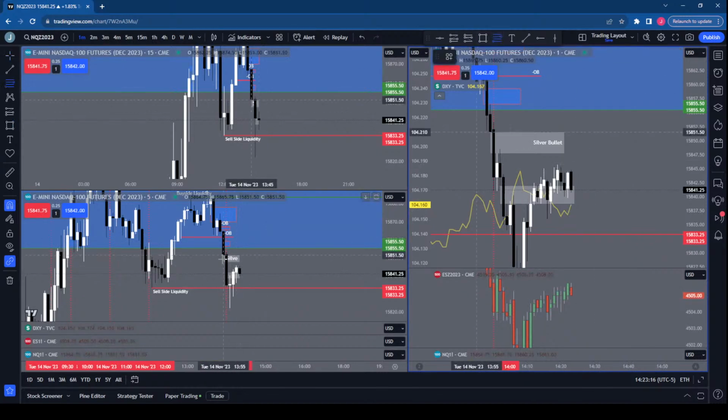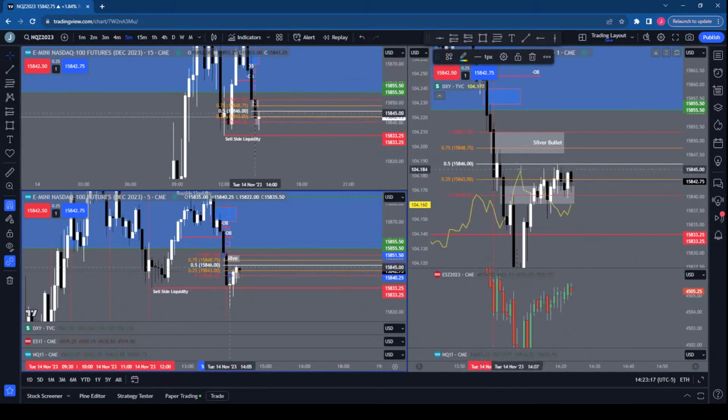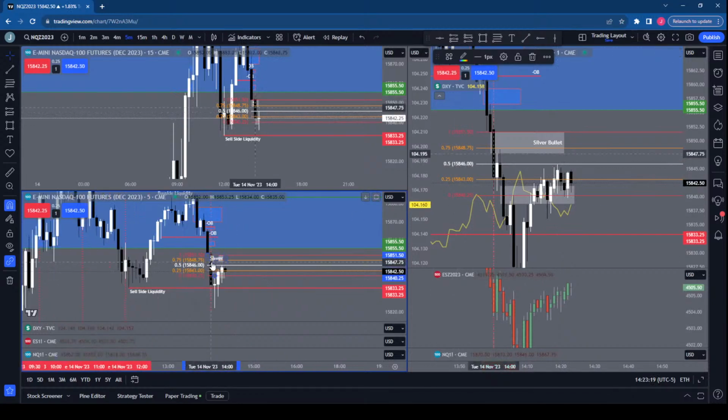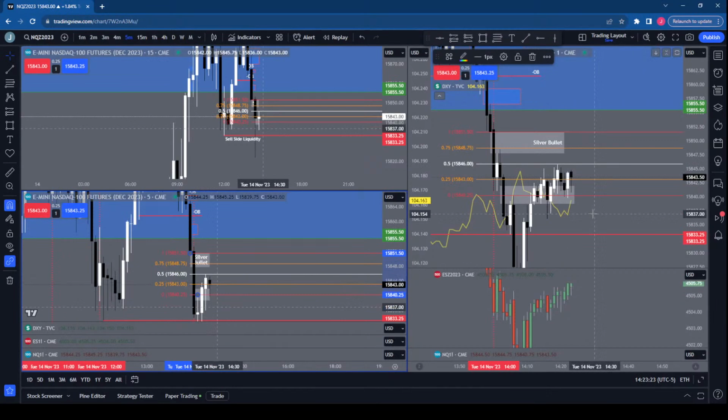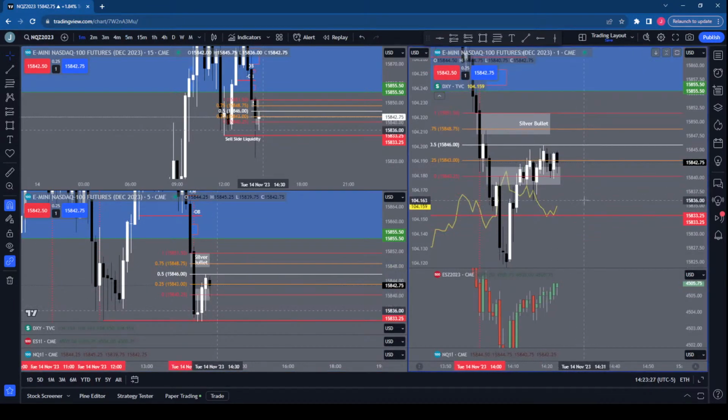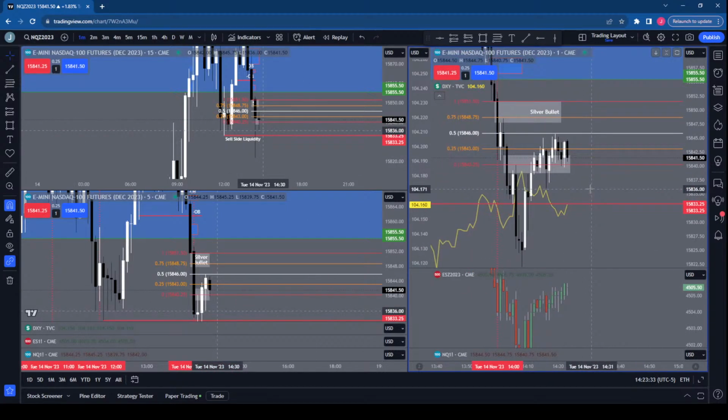Again, the fact that this candle, a 5-minute candle, stopped so perfectly at the 5-minute consequent encroachment is good for the downside narrative. But I'm just going to wait.